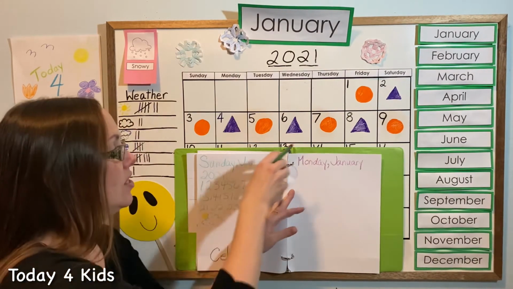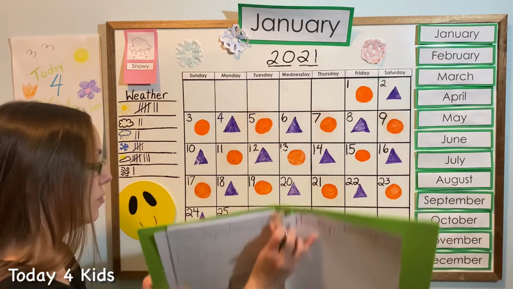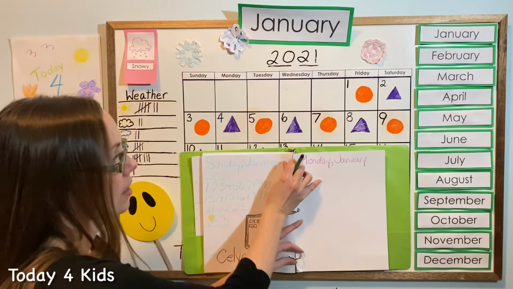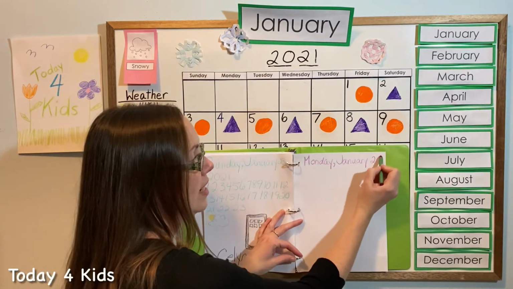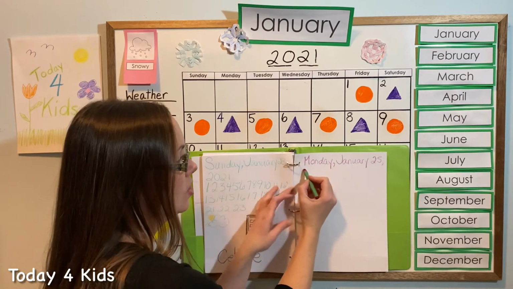What number did we get to? Let's peek on the calendar. 25, that's right. So we'll put a 2 and a 5 and then a comma, and we ran out of room, so we're going to go down here to do our year.